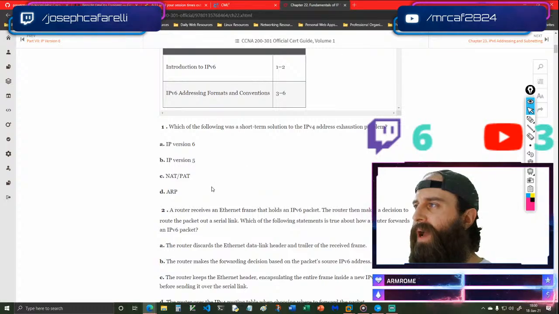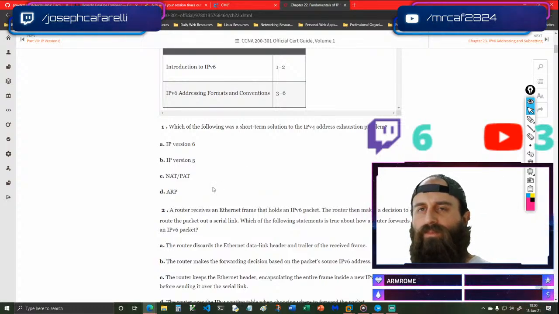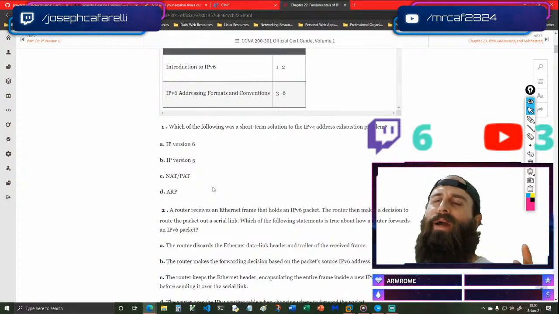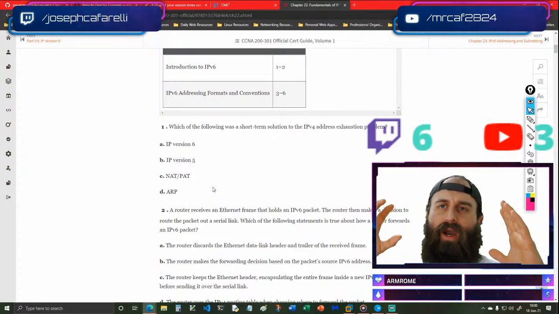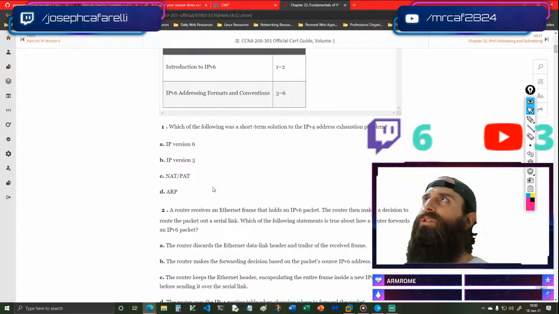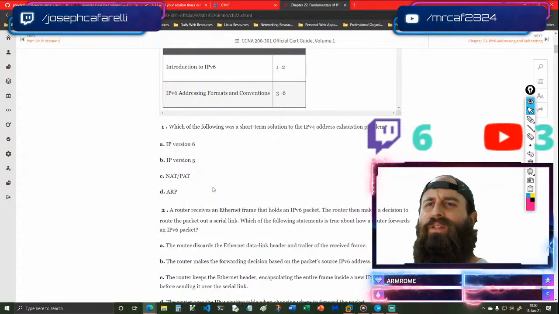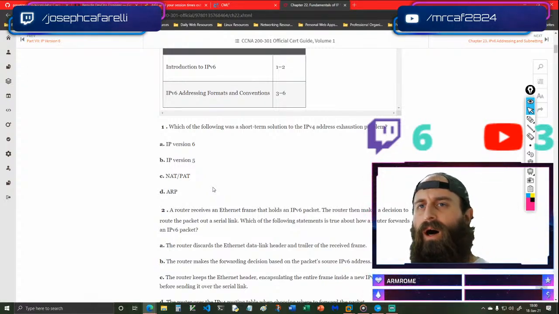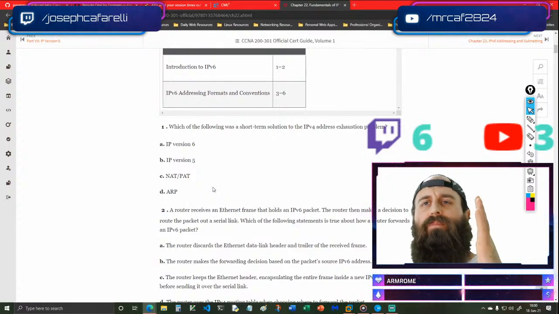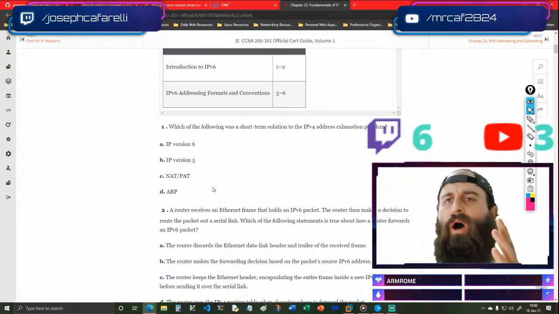Okay, NAT and PAT. What that does is take many private IPv4 addresses and map them to one public address. I believe you can support in the realm of 1,600 IPv4 addresses to one address. This is what your home router and everything else does.